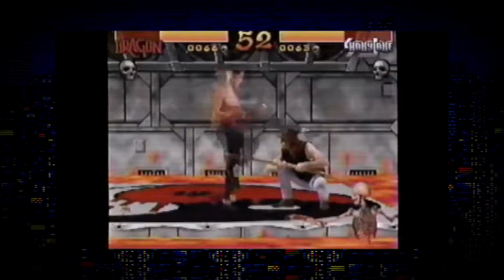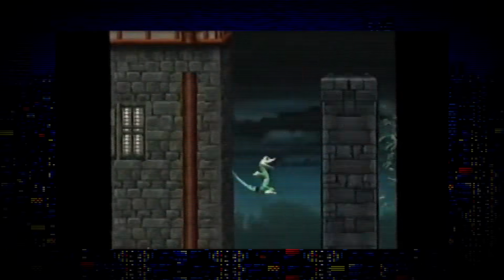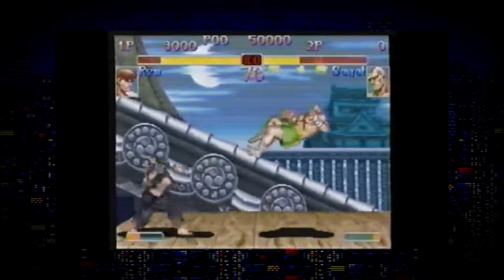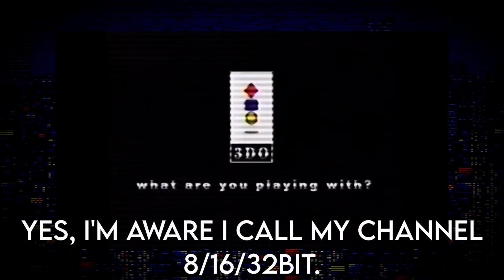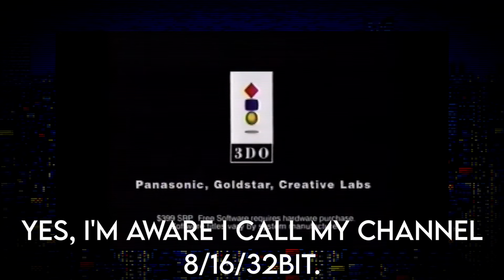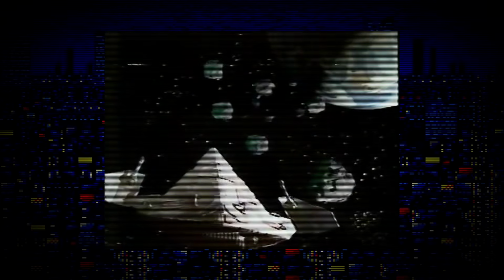But I will argue, having said everything that I've just said over the preceding six or so minutes, using bits as a way of defining the power of a console always was stupid and pointless. It was easy, simple marketing shorthand, because you could go, well, this is more powerful because that's 8-bit, this is 16-bit.